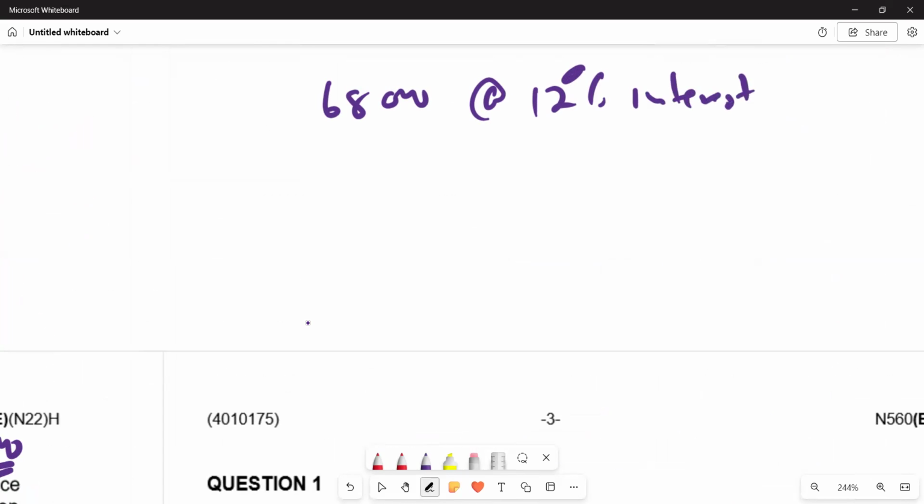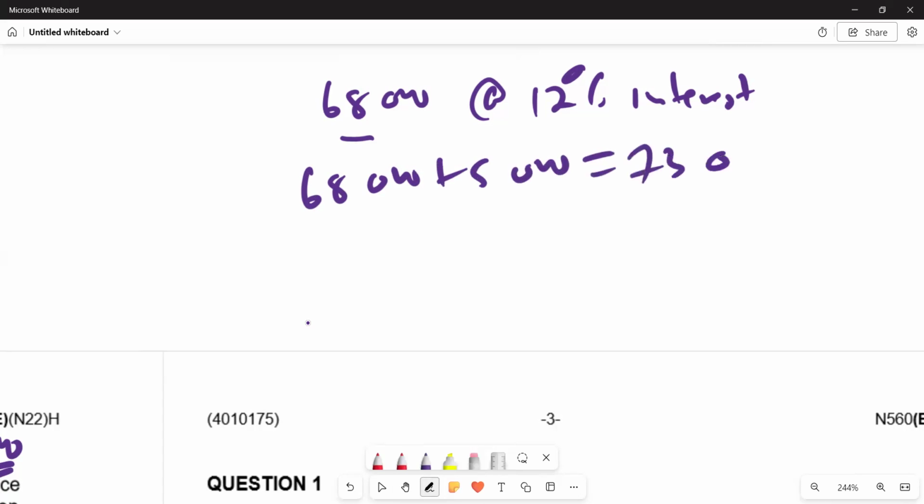And we know that this 68,000 is the balance at the end of the year after reduction, because the balances given in the trial balance are the balances at the end of the year, which means the reduction was already effective. So before reduction, it means it was 68,000 plus 5,000, and we are going to get your 73,000.